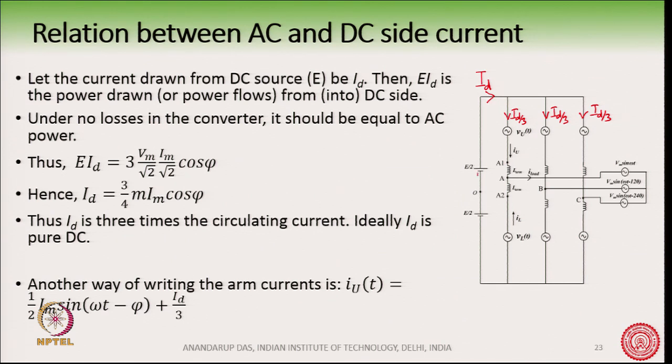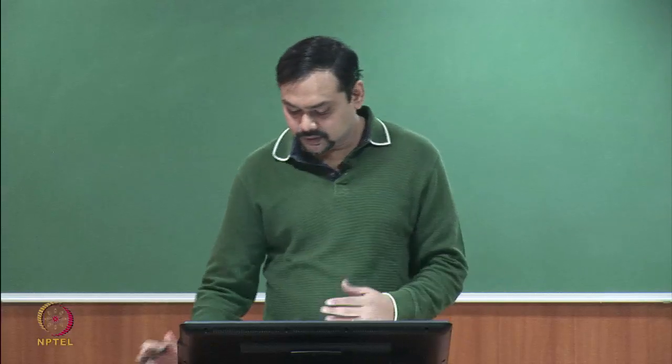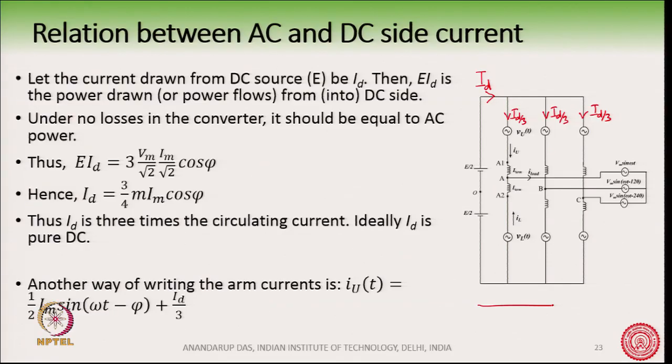Then what is the power flowing from the DC side? The DC side power is E ID. We assume that the power is flowing this way from the DC side into the AC side. Now, if the converter is ideal, if there are no losses in the converter, then this will be equal to the AC power which is flowing out from the converter.